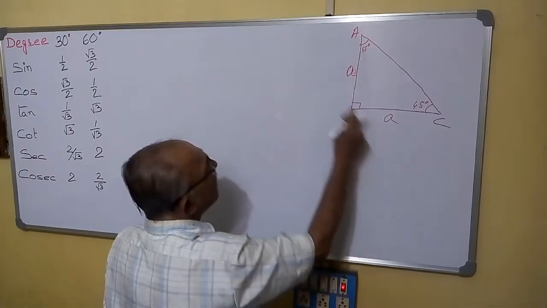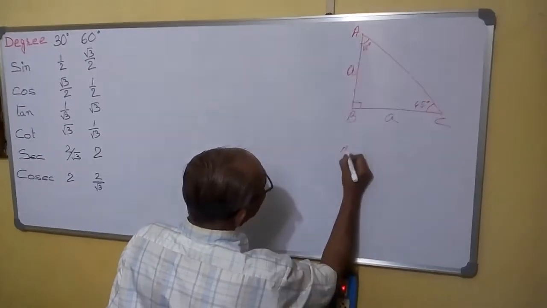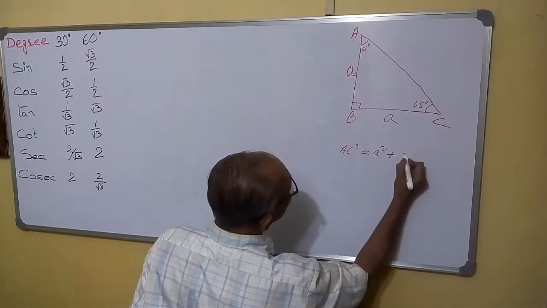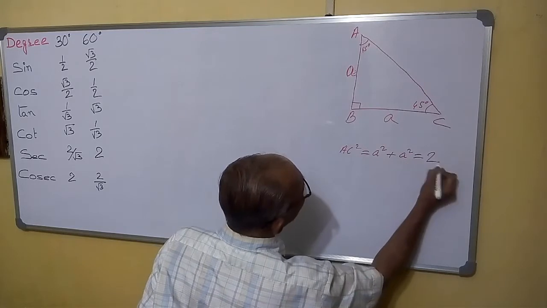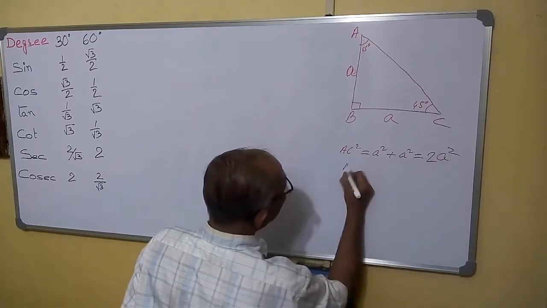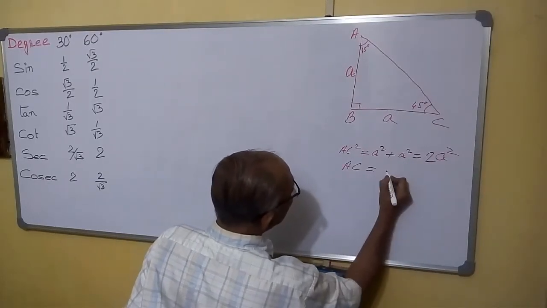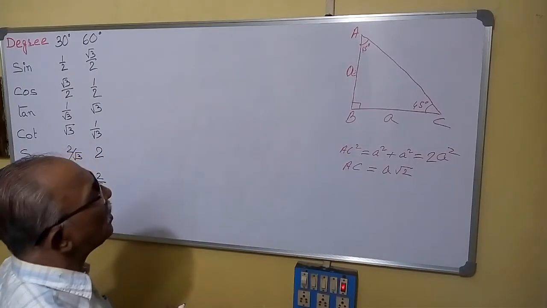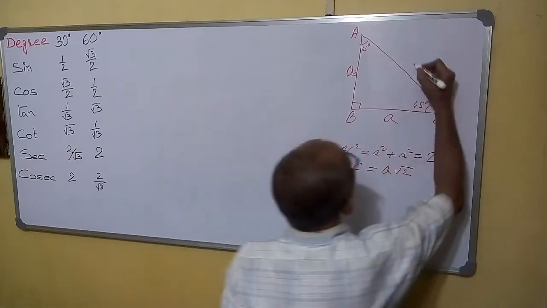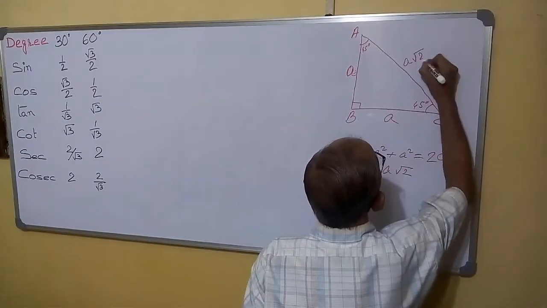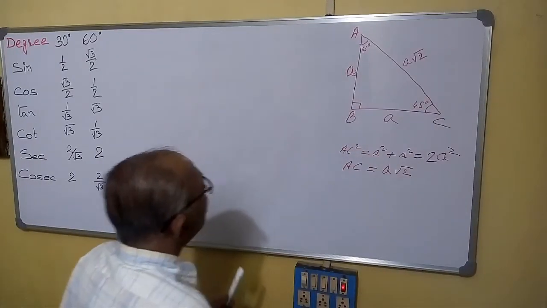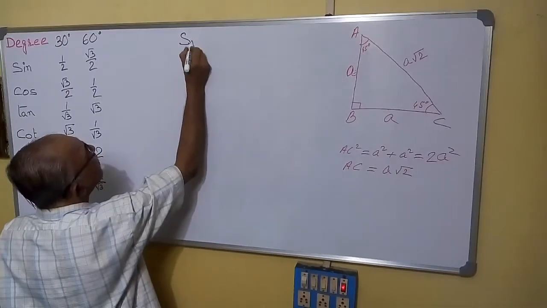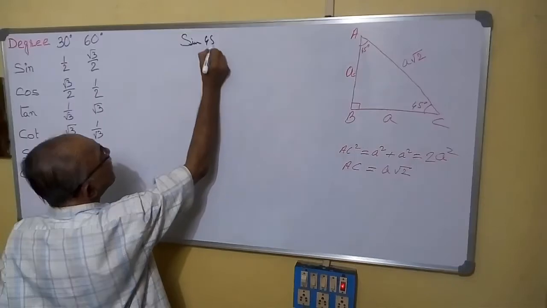So if this is A, this is A, you know AC square equals A square plus A square, that is 2A square. So AC equals A root 2. Now again I will show in the same style, sine 45 degree.